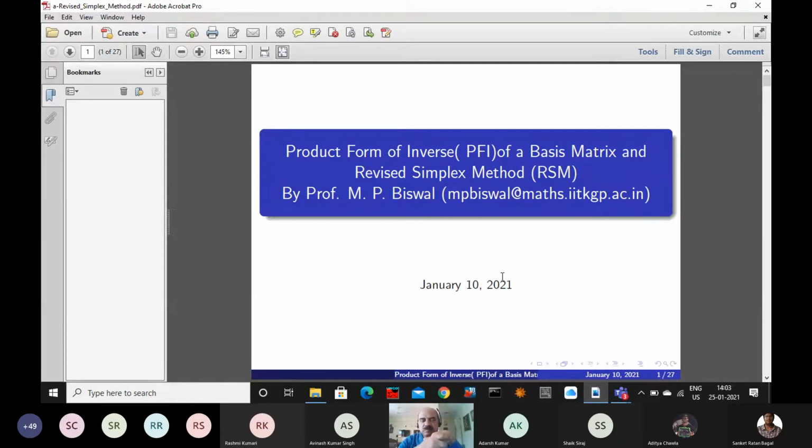How could you use the same inverse repeatedly? We'll discuss that. There is a method called the product form of inverse of a basis matrix. Why basis matrix? In a problem, if you have more variables and fewer constraints, we make it a system of equations and then solve. In the system of equations, there are basic variables and non-basic variables.